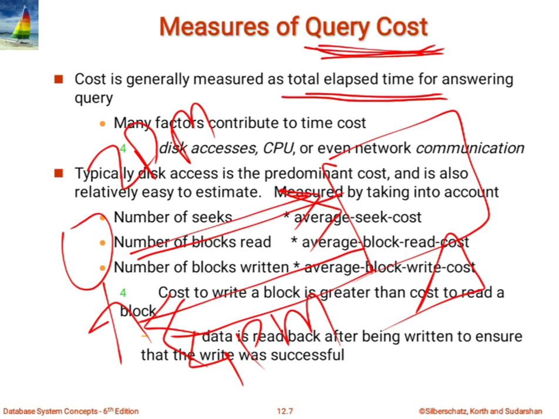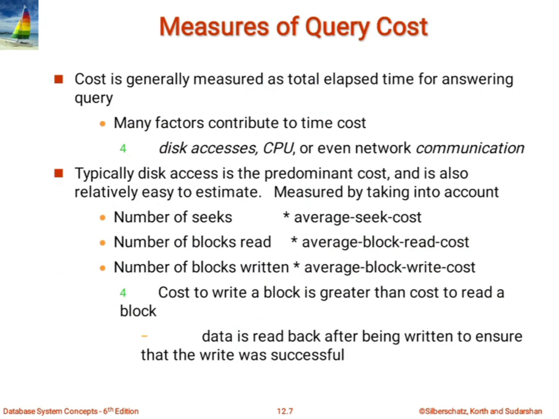But it is not exactly like that. I told you this for the sake of simplicity, but actually there are many parameters on which the cost of the query depends. The first factor is disk access: how many times I need to access the disk.